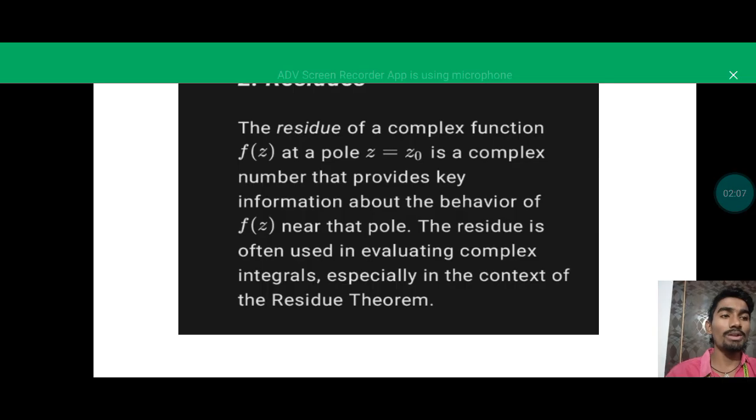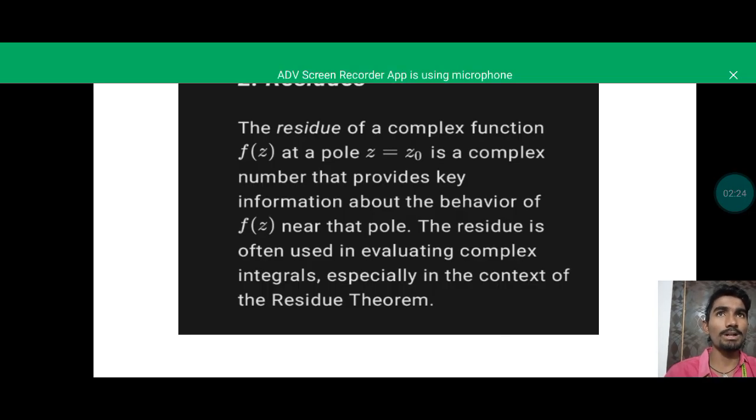Firstly, we will find out the pole, and at that pole we will find the behavior of this complex function, which is represented by the residue.